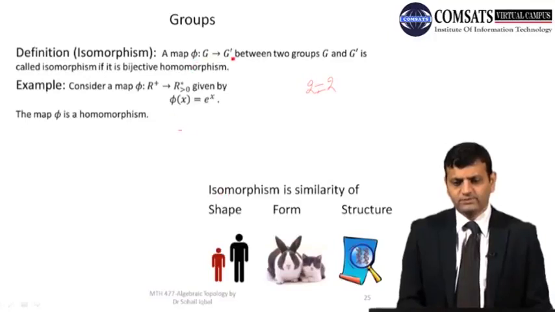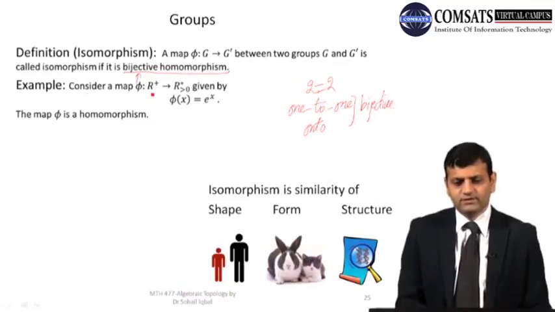A map phi from G to G prime between the two groups G and G prime is an isomorphism if it is bijective and if it is a homomorphism. We know what a homomorphism is, but the other condition is that it has to be bijective. A function is bijective if it is one-to-one and onto. If these two conditions are satisfied, then we say that the function is bijective.